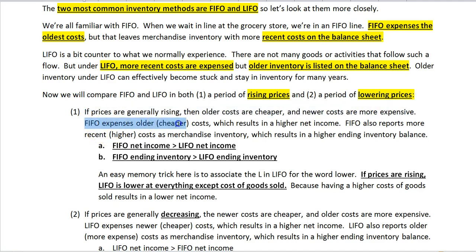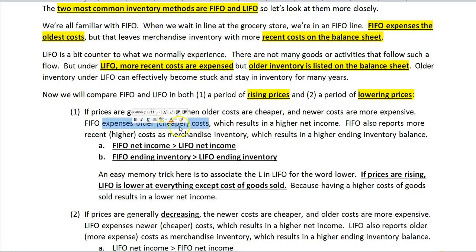FIFO expenses older costs, which are cheaper in this scenario, which results in a higher net income. Right? There's an inverse relationship between cost and income. As your costs go up, your income is lower, or in this case, as your costs go down, your income goes higher.